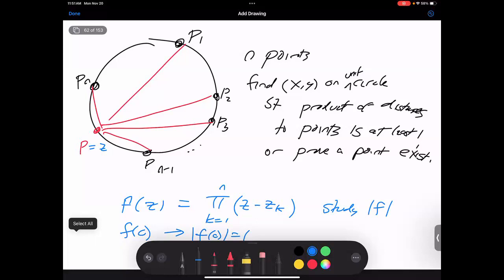Do we know that the product is 1 everywhere? No, because we can get arbitrarily close to one of the points. So because the function is not identically 1, it actually has to be larger than 1 somewhere on the boundary. This is an absolutely wonderful, spectacular application of complex analysis.